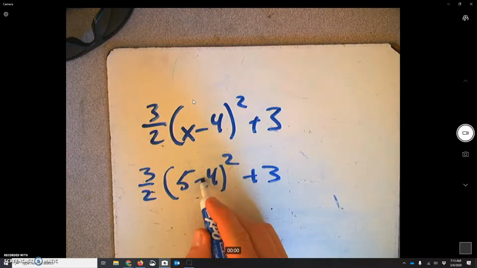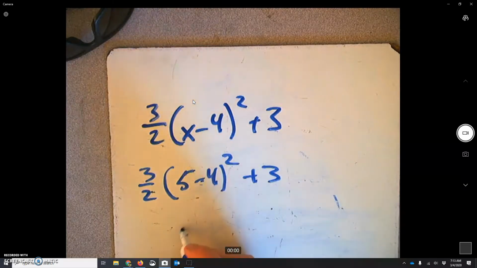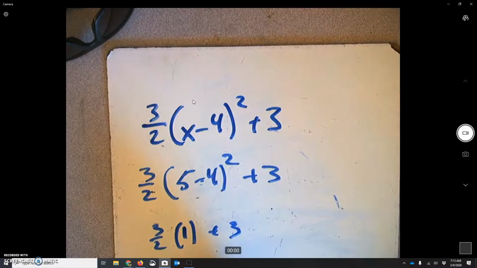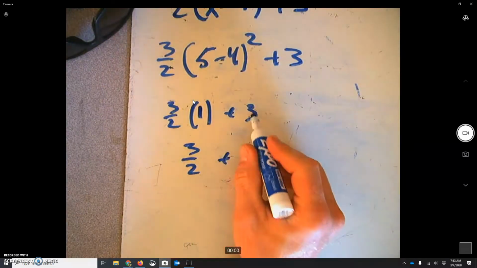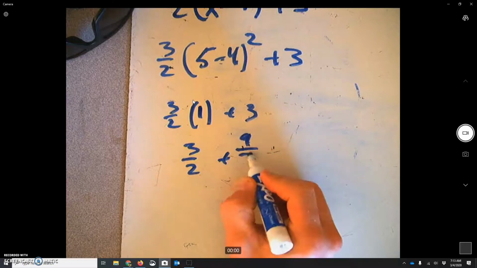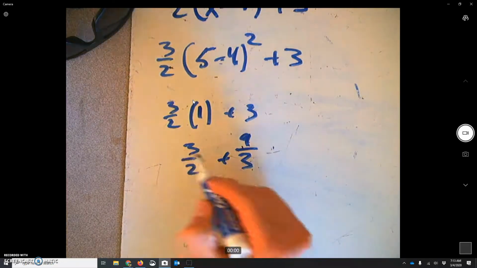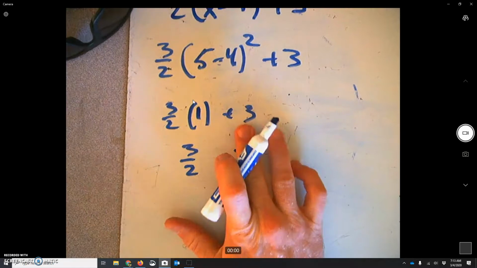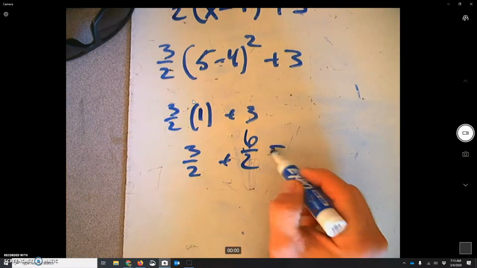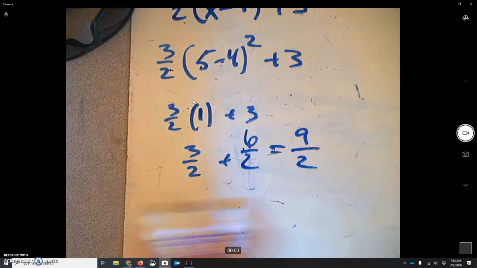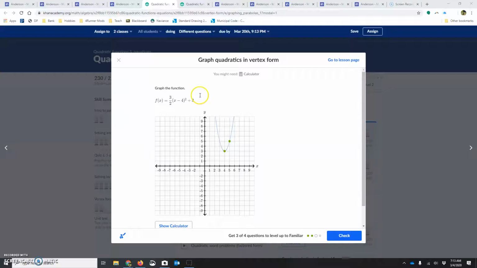This is 1. 1 squared is 1. 3 halves times 1 is 3 halves, plus 3. 3 can be rewritten as 6 over 2. So 3 halves plus 6 halves is 9 over 2. So 9 halves. Hopefully we can plot 9 halves, which is 4.5. It does not let me do that.